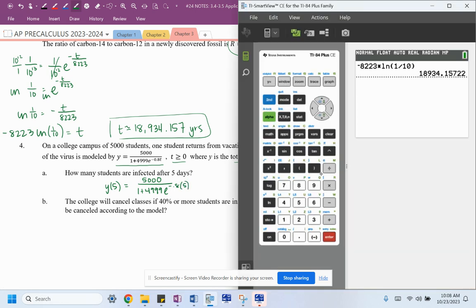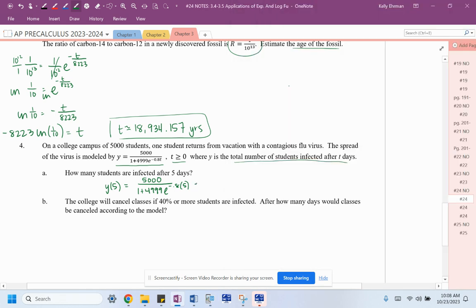So 5,000 divided by, put parentheses around that denominator, e to the negative 0.8 times 5, close parentheses around the denominator. So how many students are infected? I'm going to write the decimal, and then I'm going to round it to the nearest student. So 0.019, but we'll call that about 54 students infected.